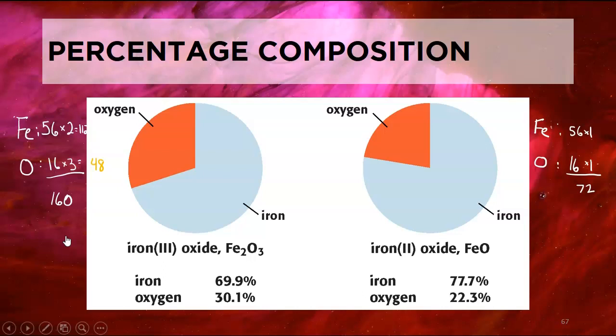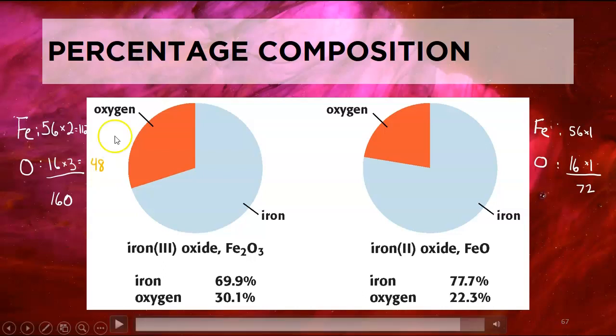Over there, 56 divided by 72 is 77.7, and then the rest is obviously 22.3, but we can take 16 divided by 72, and I get 22.2. Note the rounding error is going to mess us up a little bit, but as long as our sig figs are all in order, we should be good. But hopefully you can see where those numbers came from. They're just not pulled out of thin air.